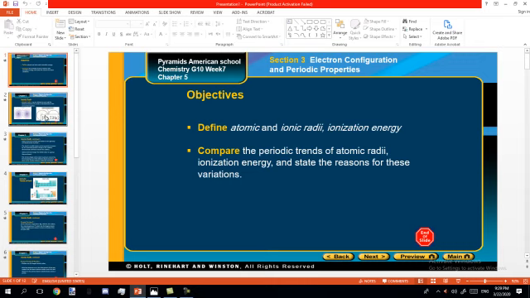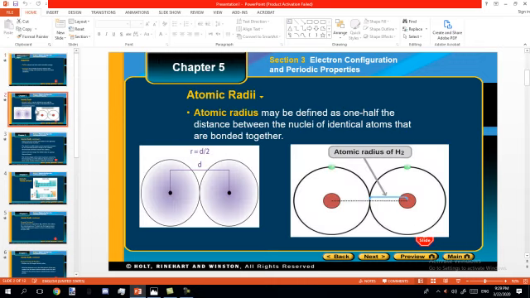First of all, let's study what we call the atomic radii, and radii is the plural of radius. What is the atomic radius? Actually, you can't measure accurately the atomic radius because, as Heisenberg stated, it's impossible to know the position and the speed of the electron at the same time, because the electron is moving with a very high speed.